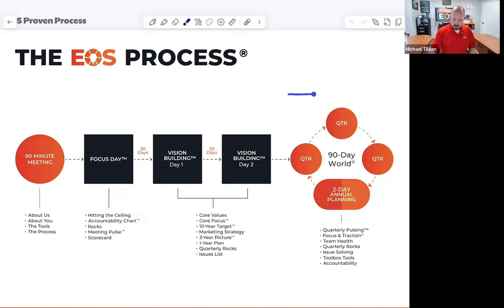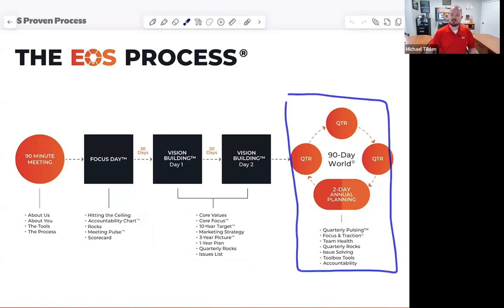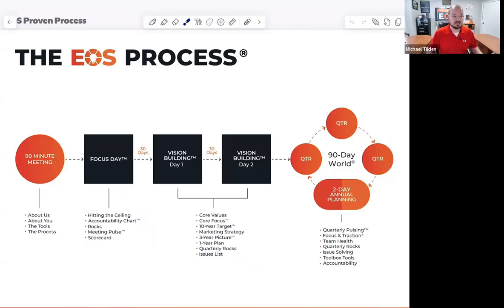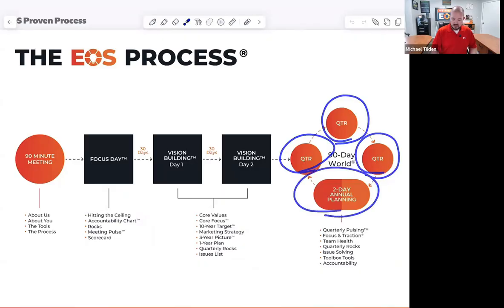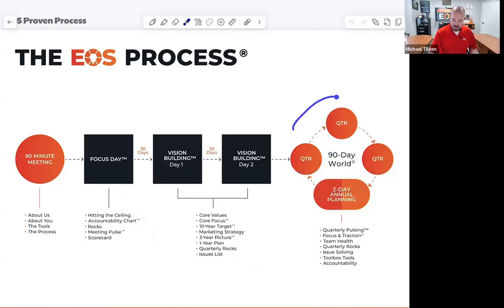From there, the business transitions into what we call execution mode. And what this means is they are on a cadence of quarterly planning every 90 days and once a year, a 2-day annual planning session. And so it's an every 90-day kind of a thing that every 90 days you're going to have a quarterly, and then once a year that quarterly turns into 2-day annual planning.